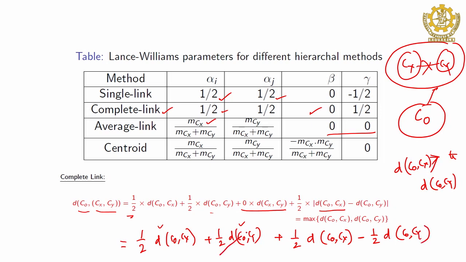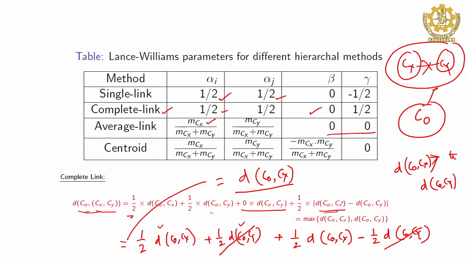So, this is distance C0 Cy, this is distance C0 Cy. So, now half of the distance of C0 Cx and half of the distance of C0 Cx. So, then from here we can write it, it is distance from C0 Cx. So, distance from C0 Cx will be the distance from the merged clusters, and the condition is that this is greater than the other distance, because that is what we consider here.